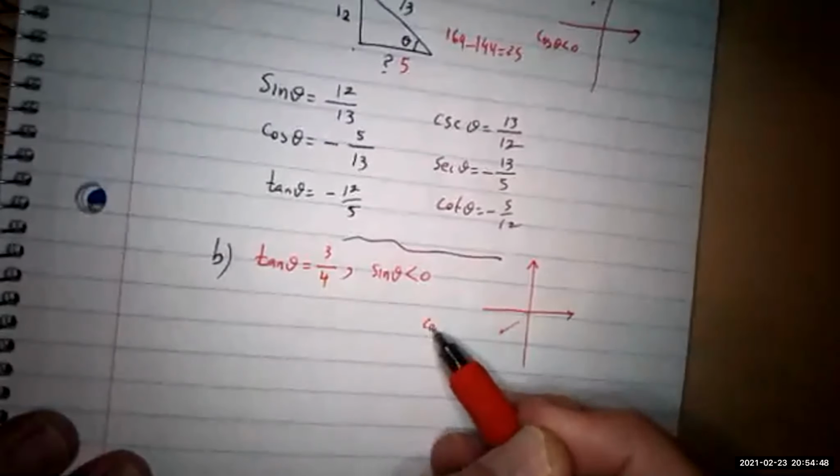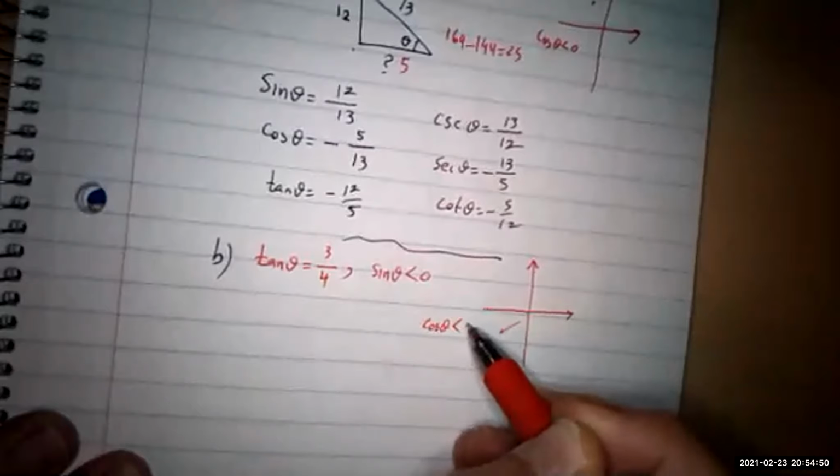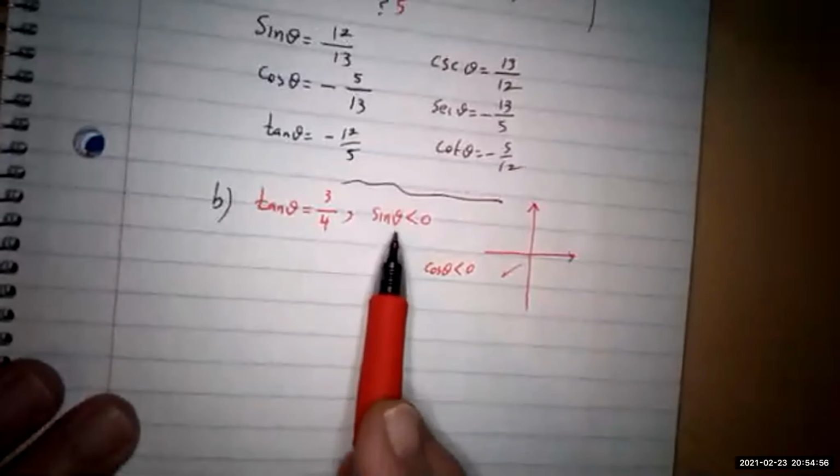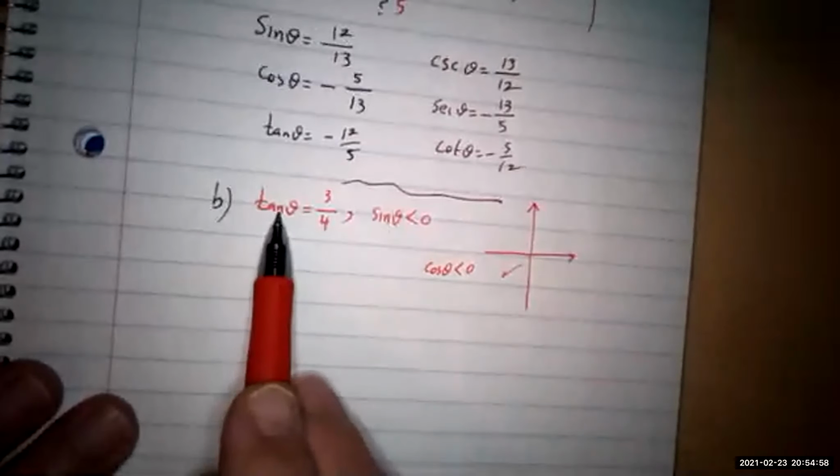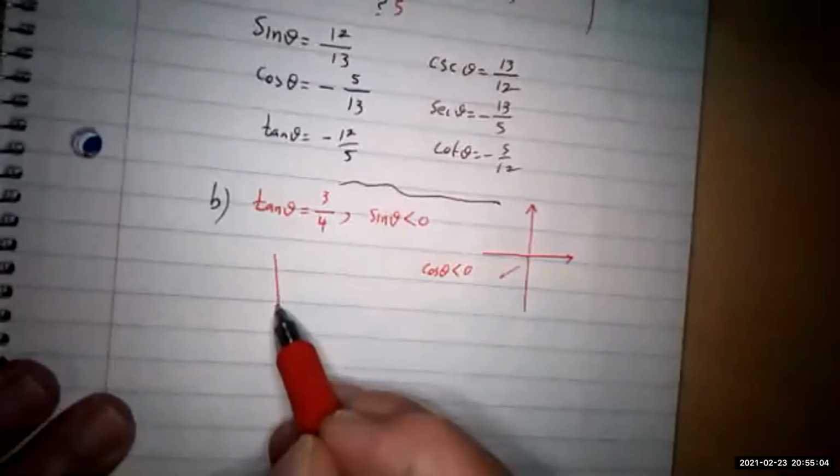This is important because when you write it out, we need this sign. Negative over negative would be positive for the tangent. So go to the right triangle.